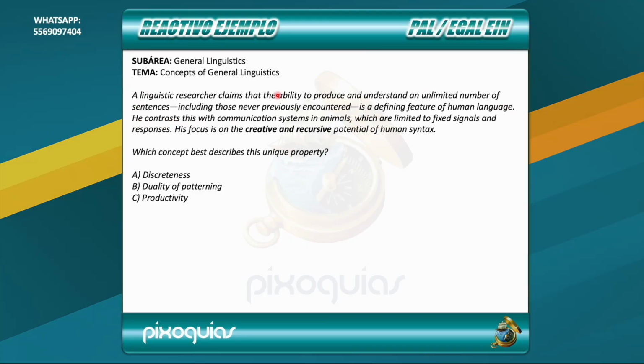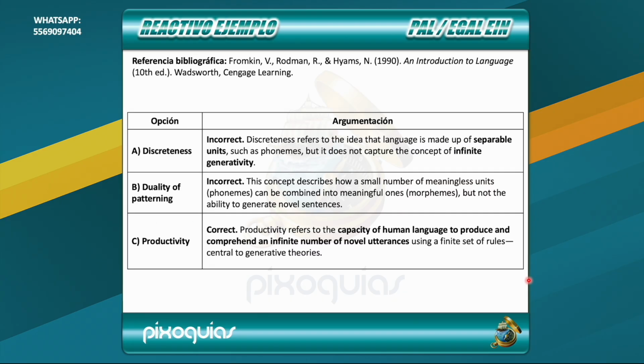He contrasts that with communication systems in animals, which are limited to fixed signals and responses, and his focus is on the creative and recursive potential of human syntax. Which concept best describes this unique property? A. Discreteness. B. Duality of patterning. Or C. Productivity. The correct answer is C, productivity.